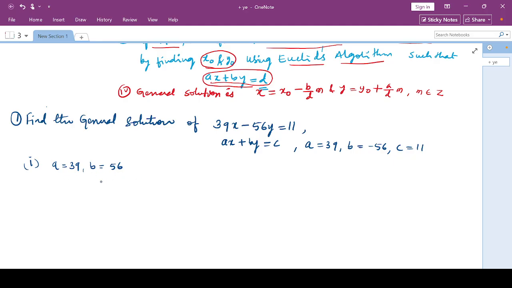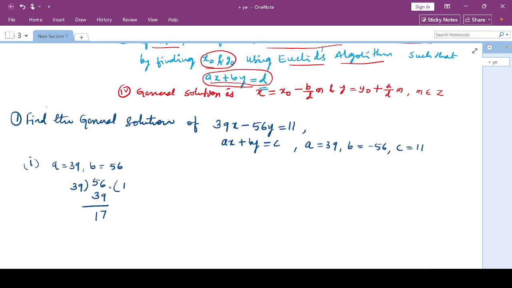So we use Euclid's algorithm. I am going to divide 56 by 39 by successive division. 39 ones are 39, and the remainder is 17.